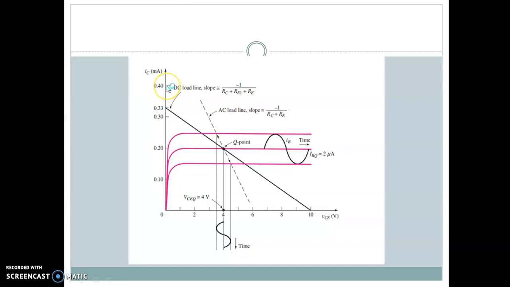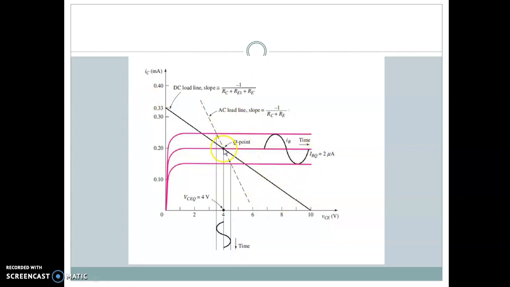The maximum current provided here is 0.33, and the operating point is set at 0.2 milliamps. Now you can make your collector current vary from 0.2 milliamps in the negative direction down to 0.